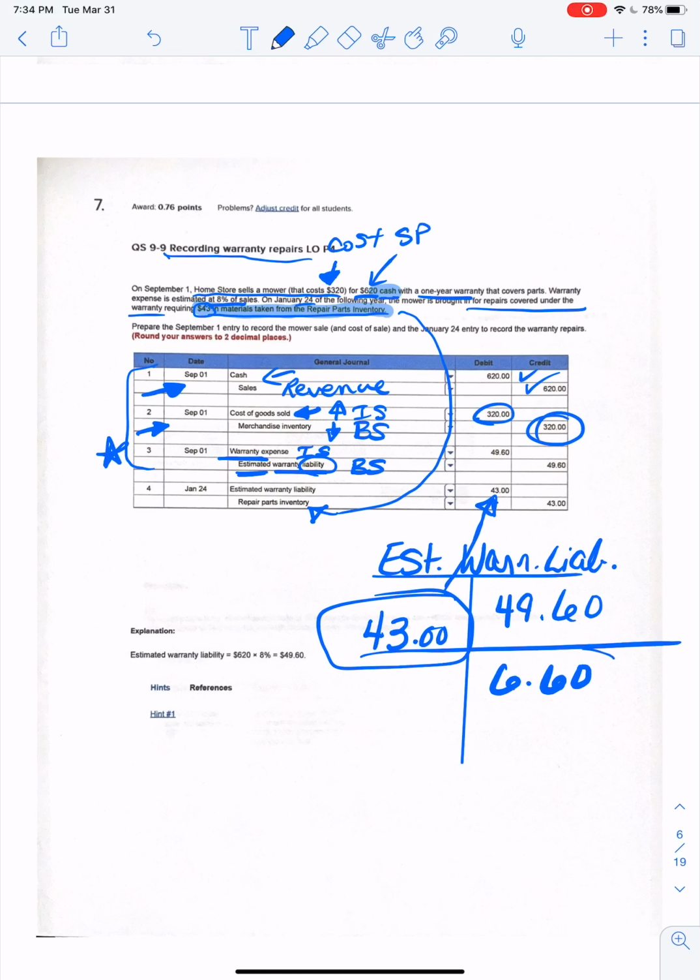This right here was really just some extra information, but just to help you see, in this case, it looks like maybe we sent slightly too much over to the estimated warranty liability, but you've also got to remember, this is a 1-year warranty. This was sold in September, and we're already servicing this in January. So there's a very good chance we actually didn't send enough over to this estimated warranty liability account, but time will tell, and we just don't know, right?